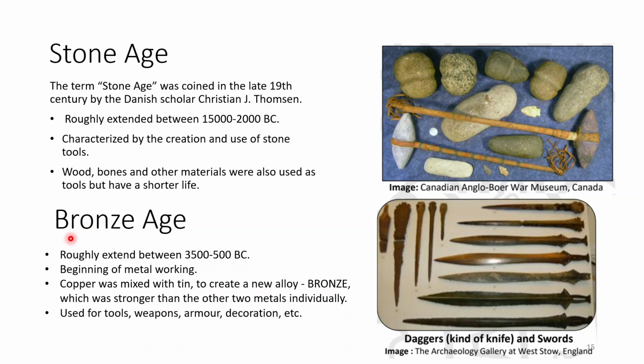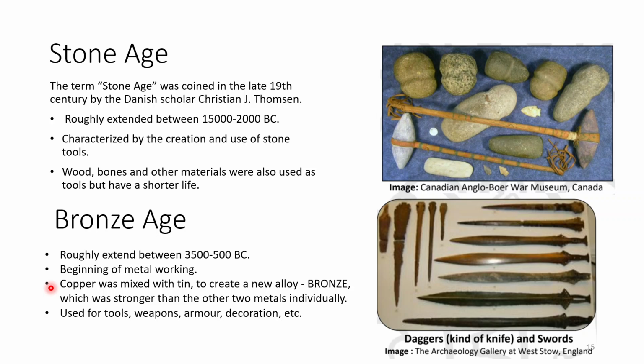Then we had Bronze Age. It roughly extends between 3500 to 500 before Christ, and it is the beginning of metal working. In this case, copper was mixed with tin to create a new alloy, which was bronze, and it was stronger than the two metals individually.